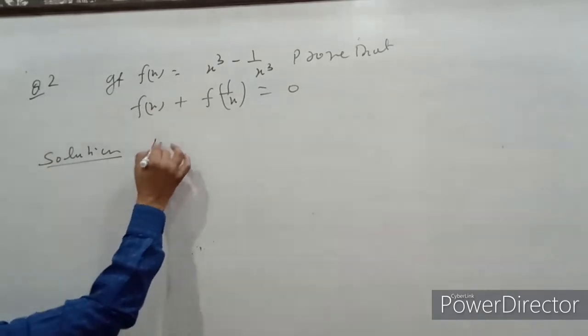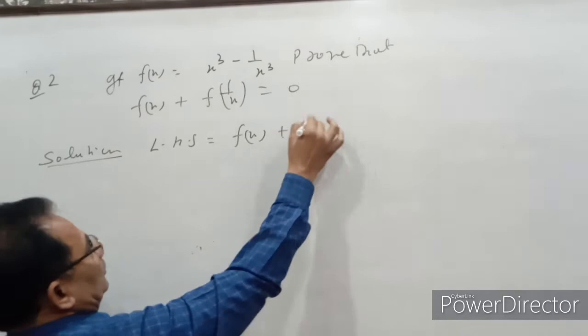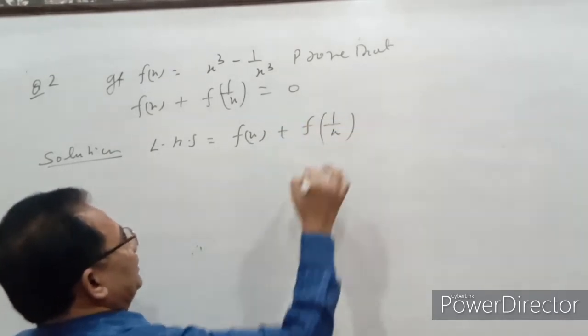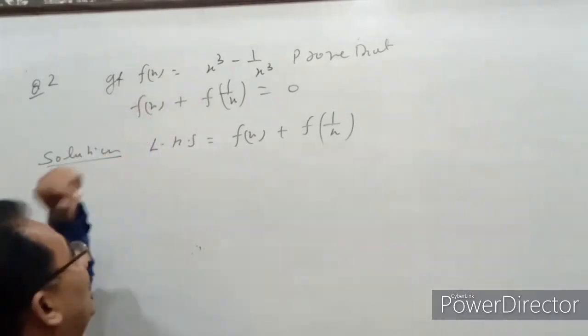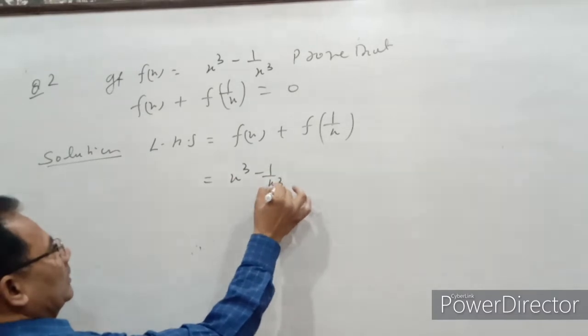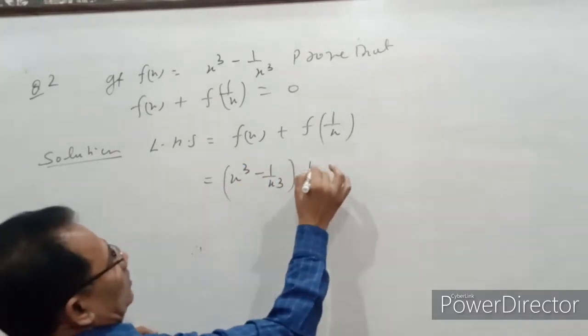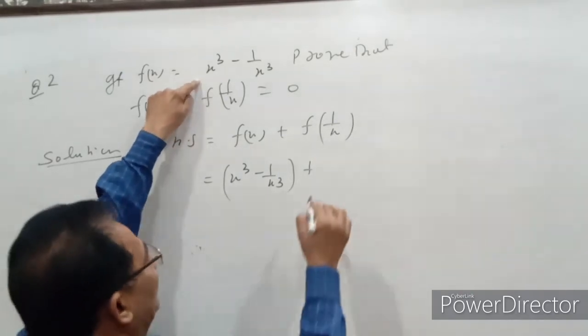Let me take here left hand side is equal to f(x) plus f(1 by x). As the given question is f(x) is equal to x cubed minus 1 upon x cubed plus 1 by x, we replace this x with 1 by x.